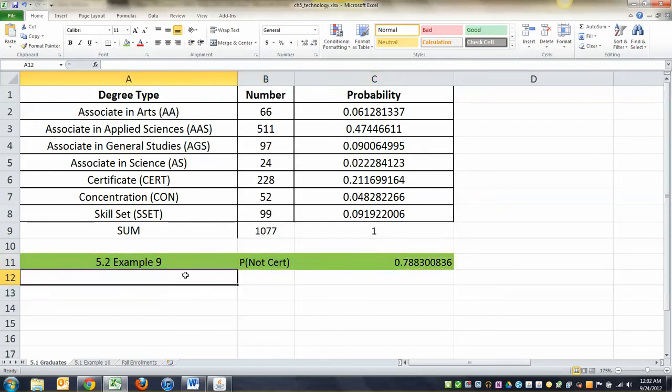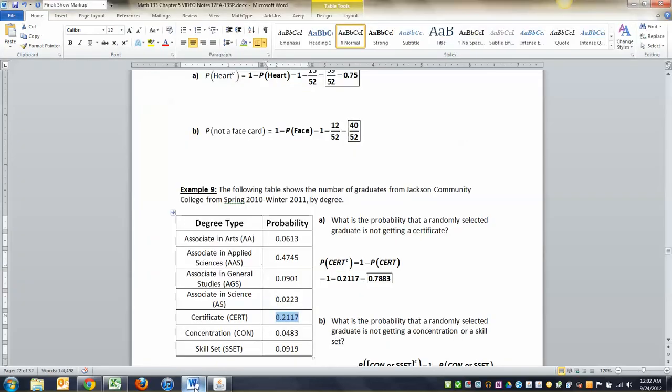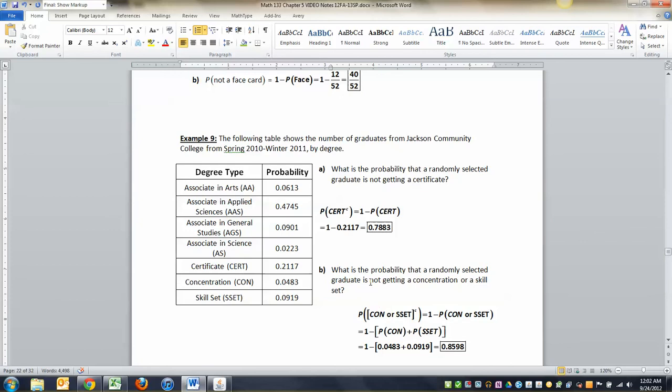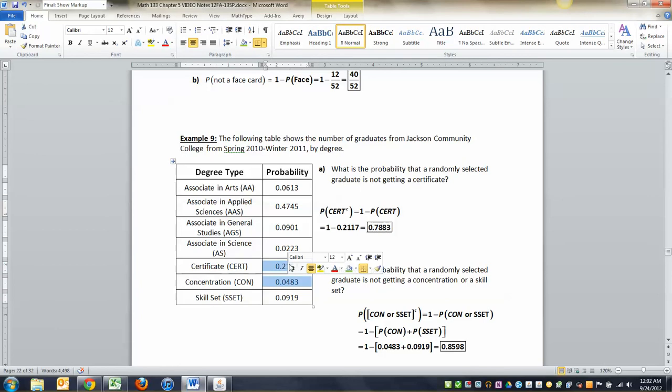All right, then what's the next one? Okay, so they want the probability that a randomly selected person is not getting a concentration or a skill set. That's a little bit more complicated because you have to first find the probability of getting a concentration or a skill set. And that's an or, so you're going to have to add them up, right? So you got to add those two up, 0.2117 and 0.0483, and then take it away from 1.